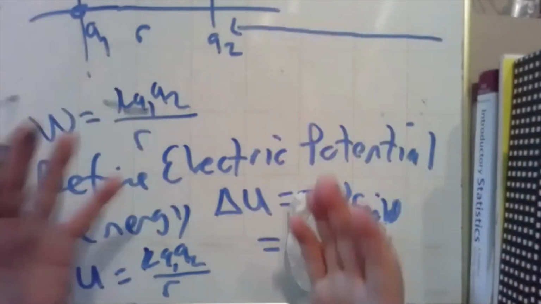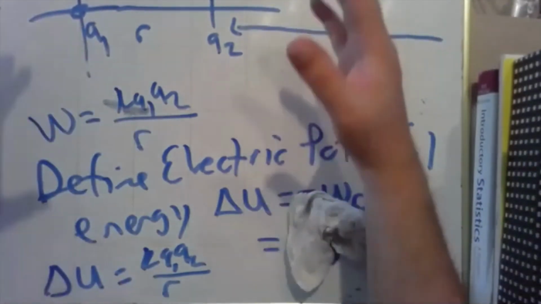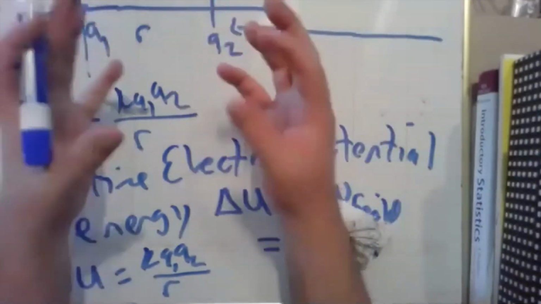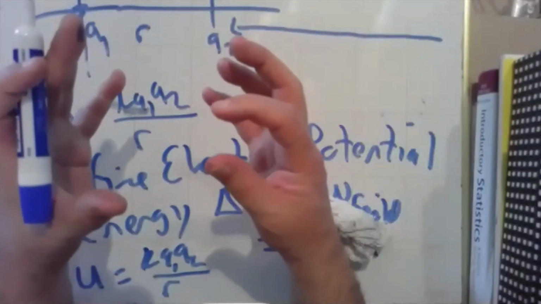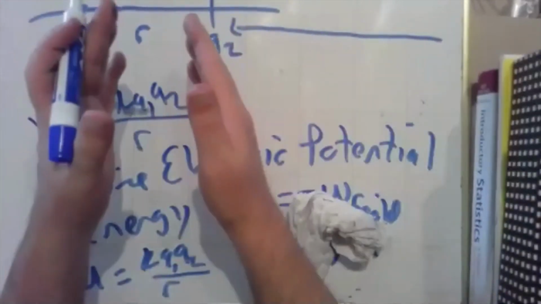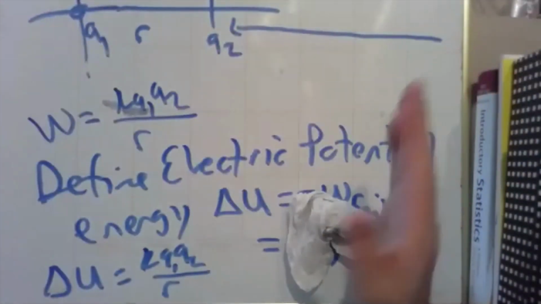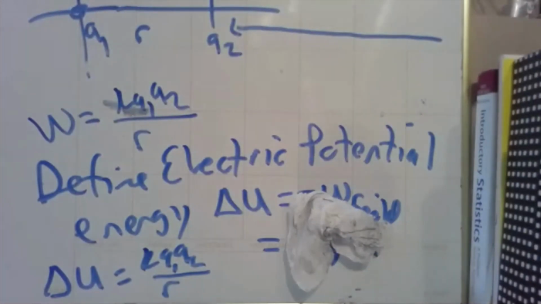The analogy isn't perfect, but it's decent. And now the energy is bound up in space itself. Space has been compressed. And if I were to let go, these guys would want to fly apart. How much energy would they have? If that all got converted into kinetic energy, that's how much energy we would have total. So that's what this is.